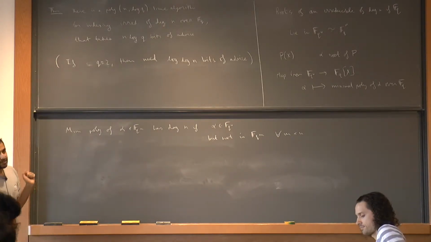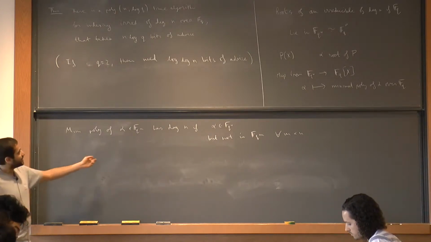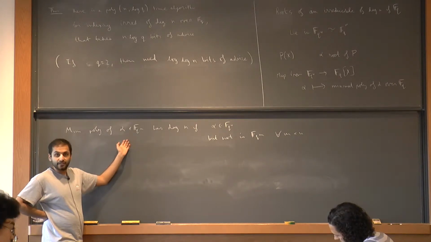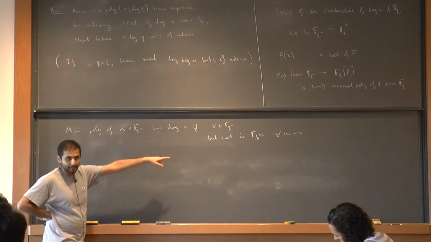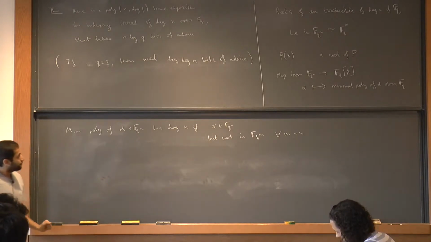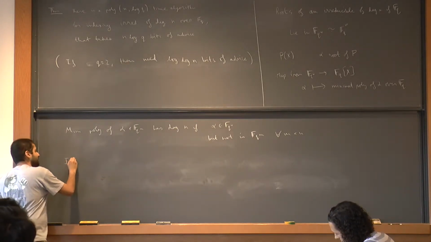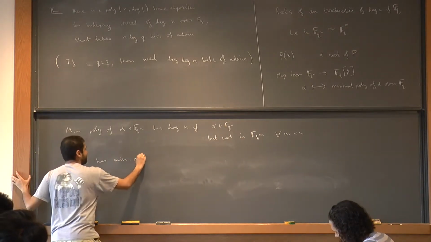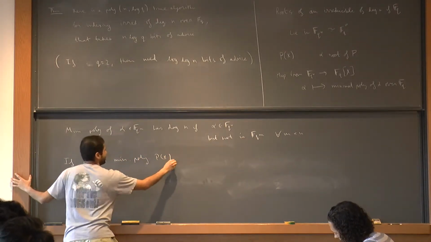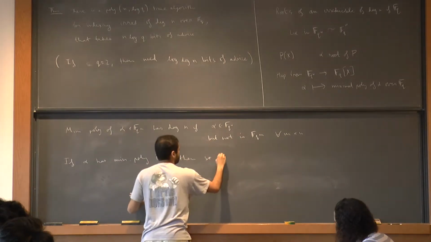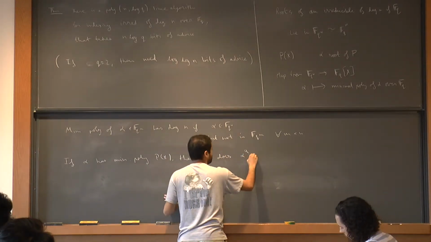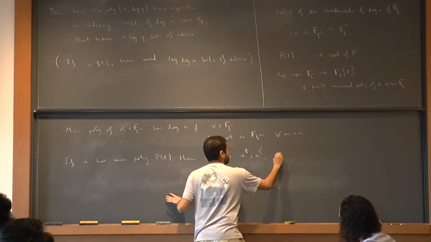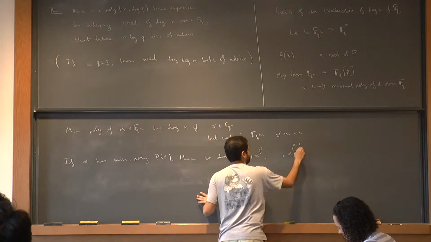We're still not done, because every irreducible polynomial will be produced by many different alphas. There are many alphas that will lead to the same irreducible polynomial. If alpha has minimal polynomial p of x, then so does alpha to the q, alpha to the q squared, up to alpha to the q to the n minus 1.